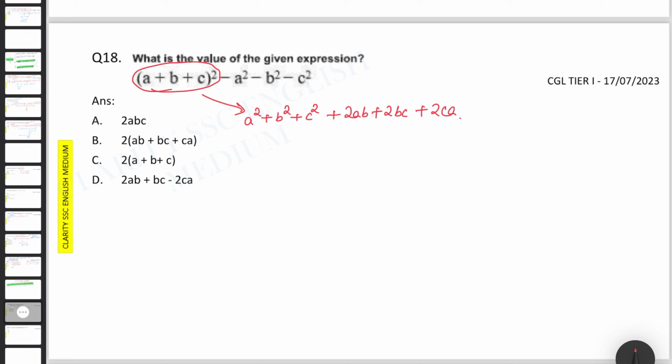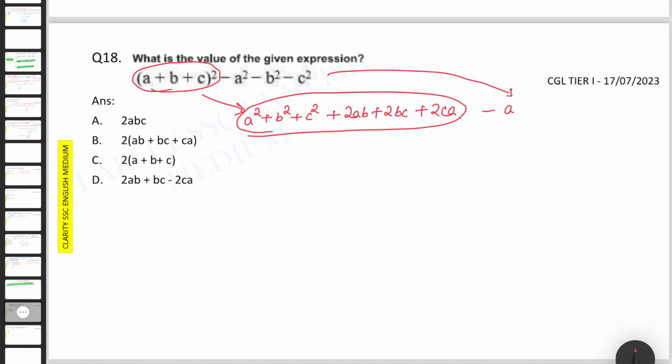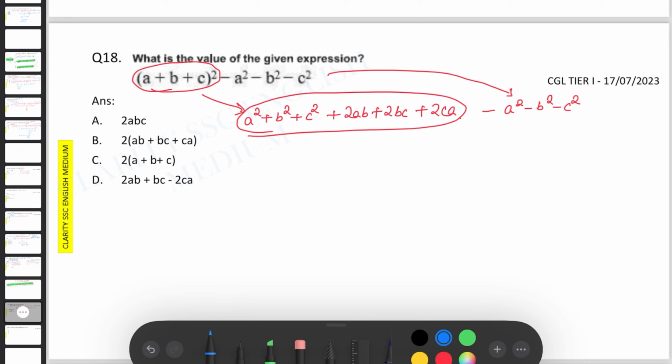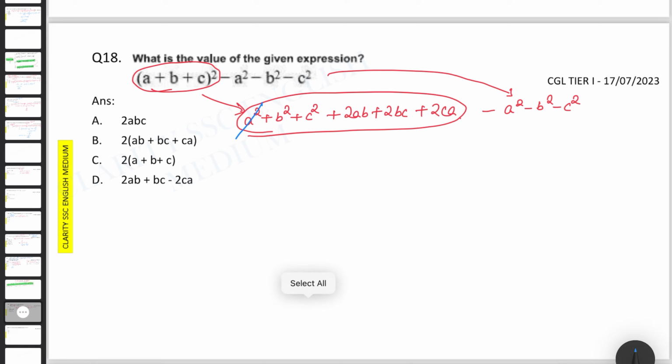This expression will become this, and the remaining, let me write here, minus a square minus b square minus c square. So this will obviously cancel. a square will cancel, b square will cancel, and c square will cancel. And the answer will be twice ab plus bc plus ca. So option number B is the correct answer.